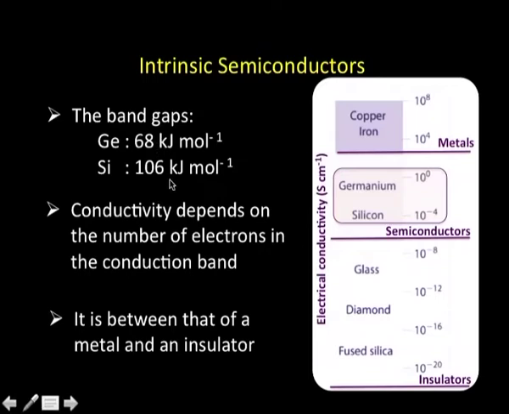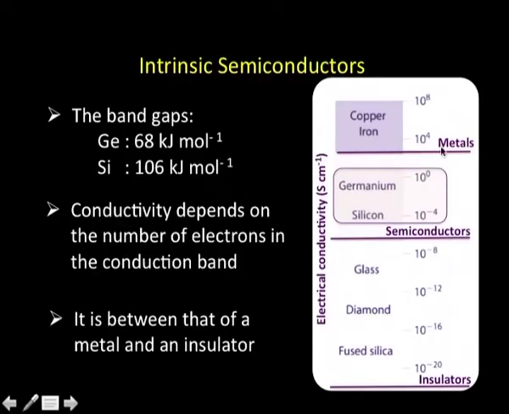Secondly, for silicon at a given temperature, if I raise the temperature, more electrons will go from the valence band to the conduction band, and the conductivity will increase. So the conductivity of a semiconductor depends on the temperature and also on the band gap.